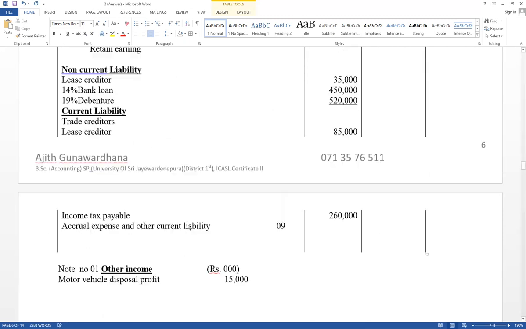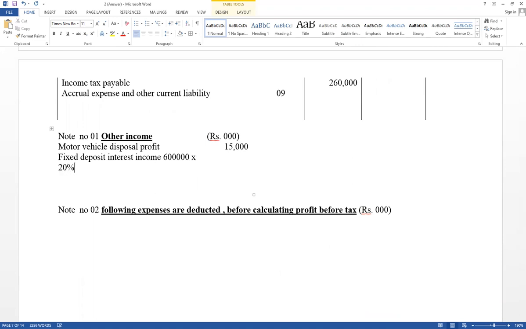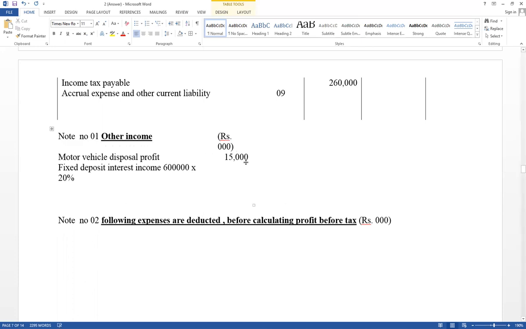Then under other income, you have to include fixed deposit interest income, calculated based on 600,000 into 20%.